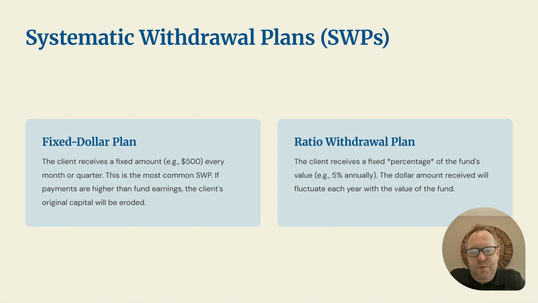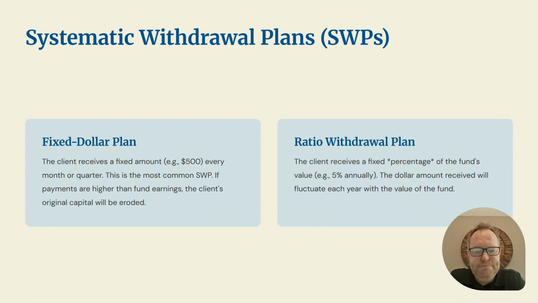So, for example, if a client has a mutual fund that on a monthly basis earns interest of $400, yet the client has a $500 withdrawal plan set up, because you are withdrawing $100 more than is being generated within the mutual fund, you will eventually start to erode the initial deposit that you put into the mutual fund.